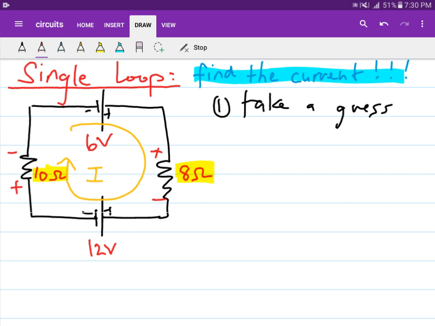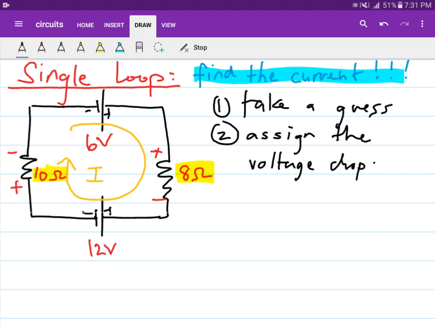Okay, so now that we know how our resistors are, let's write it down. On resistors.